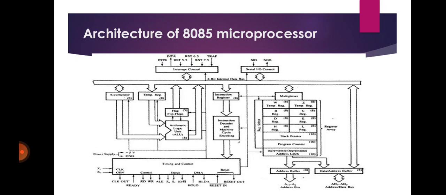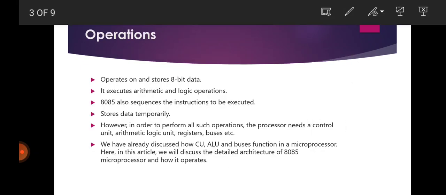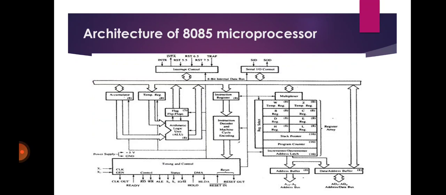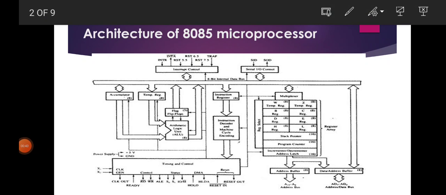This is the architecture of the 8085 microprocessor, the block diagram of the 8085 microprocessor. It consists of an accumulator, and it also has a temporary register which is connected to the ALU.